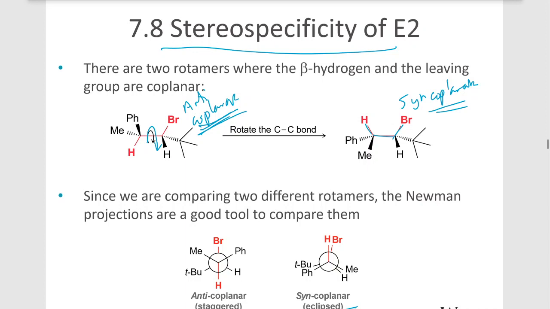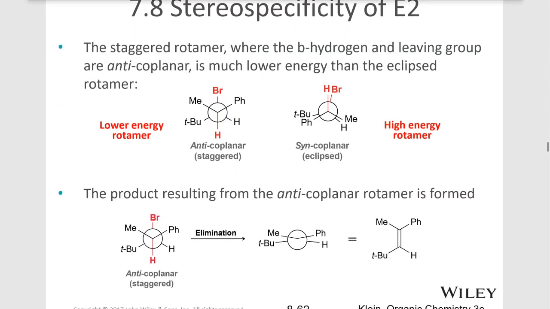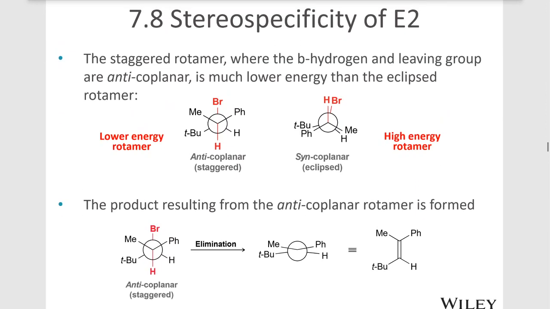Okay, so let's look at how we can predict the product here. So again, we have the same isomer of this molecule, and over here on the left we see the anticoplanar configuration. What we're going to do is, we're looking at it head on, of course. We're going to pull off the hydrogen, form the double bond, and kick out that bromine.